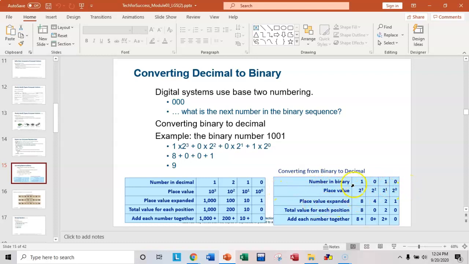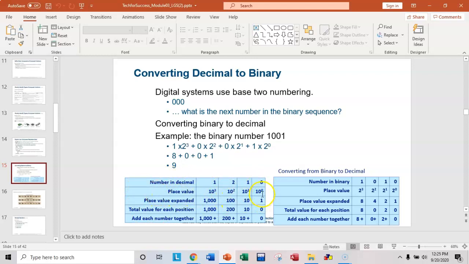If I ask you to take this number in binary and convert it to a decimal number, the process you would go through is to understand what the value is for each of these positions, multiply it by the value, and then add them together. So take a look at my chart for the decimal number 1,210. Here's the place value.